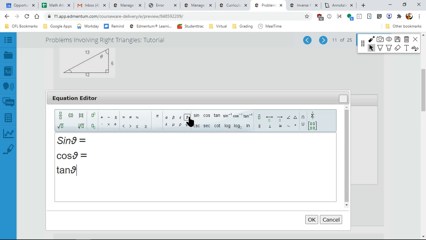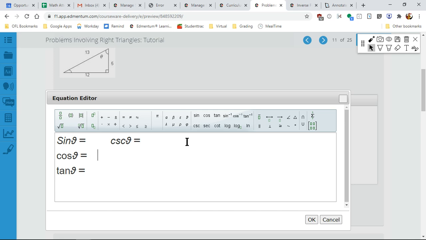Tab. Oh, does tab not work? Tab does not work on here. The inverse of this would be cosecant. The way I always remember it is you would think that the cos would be the same, but it's kind of the opposite of that.